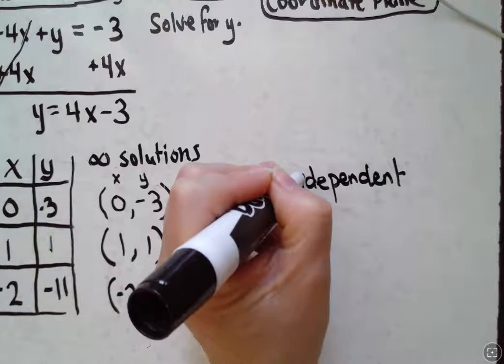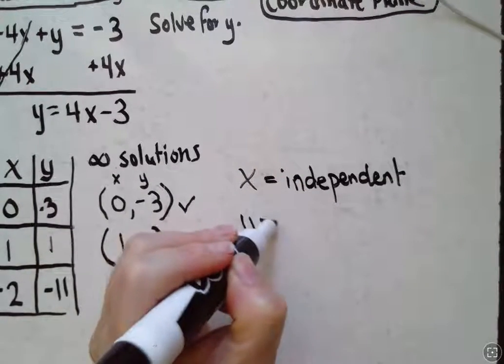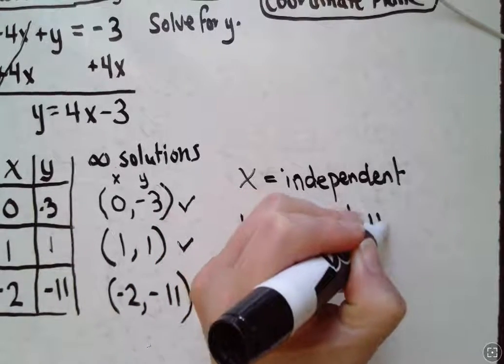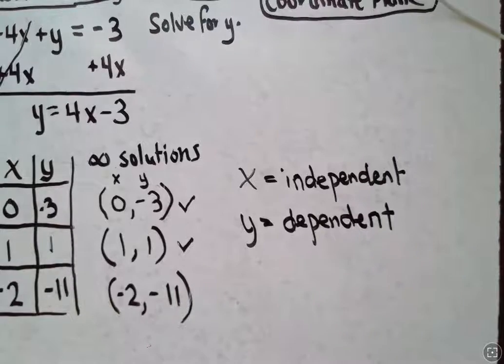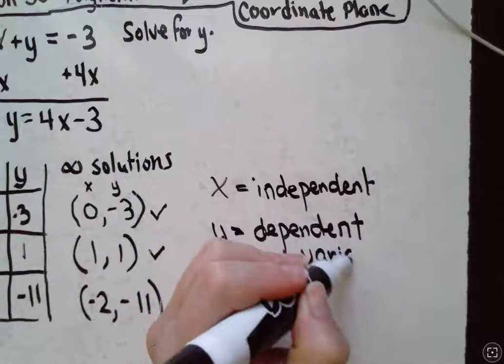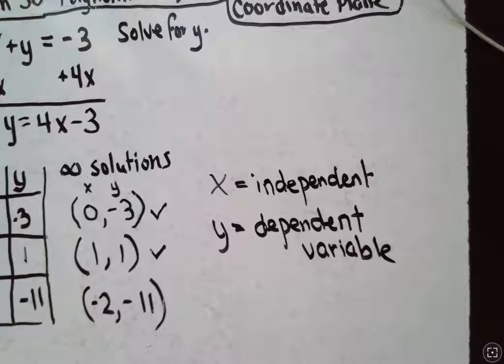It's the one that we're choosing values for, or we're choosing values for x to find y, and then y is always the dependent variable. Because the value of y is dependent, it depends on what we choose for x. So this vocabulary is going to come in handy later on, but that's all that we have for this lesson. So thanks for watching.